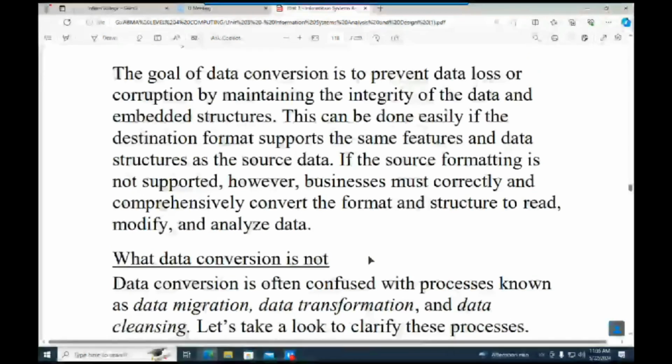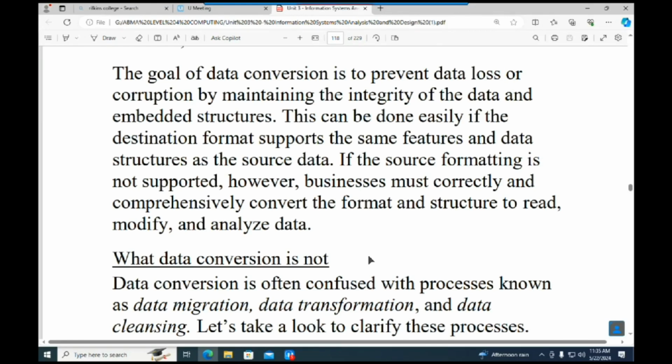So why do we have data conversion, or what is the goal of data conversion? We are converting data to prevent two things: one, data loss, and number two, corruption. We are making sure that we prevent corruption by making sure that our data meets the standards of integrity, and that it is in embedded structures.